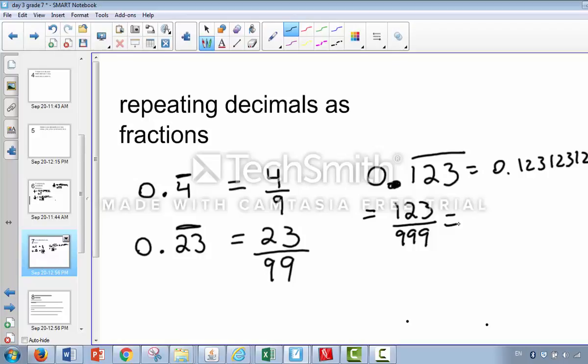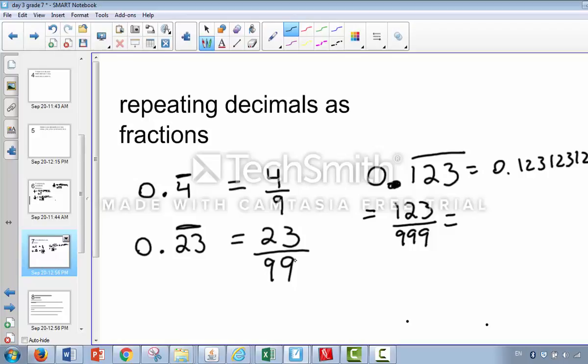As always, if you can reduce your fraction, you must. In all these cases, we can't reduce them. But, or can we? 123 is divisible by 3, and I know that because the digits of 123 add up to 6, which is divisible by 3.